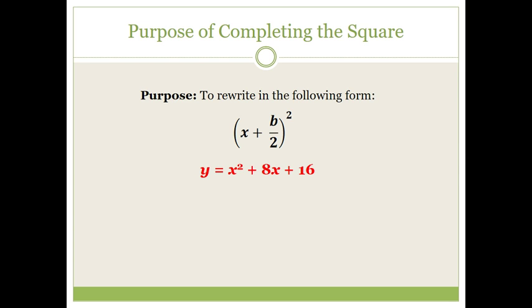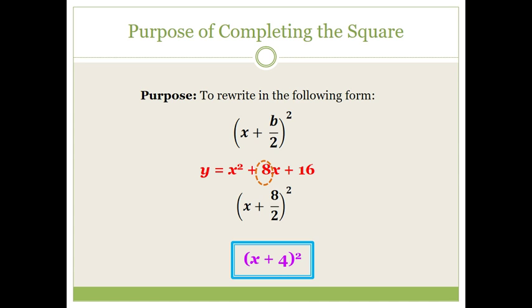So remember our equation, we had x squared plus 8x plus 16. Well, the middle term here, the b term, is 8. So I'm going to cut that in half, and that's the number that goes inside the parentheses with x. So if I'm going to rewrite this as a perfect square, I'm just going to take half of 8, which is 4, and then write it as a perfect square, as we did at the bottom here.